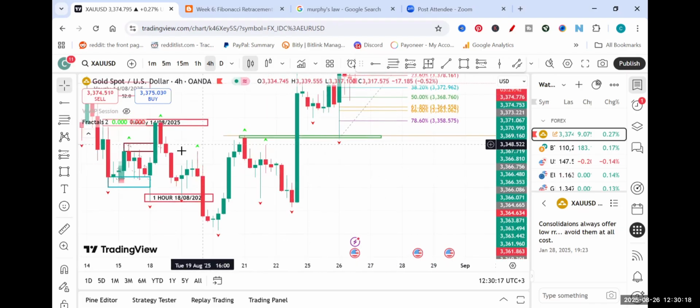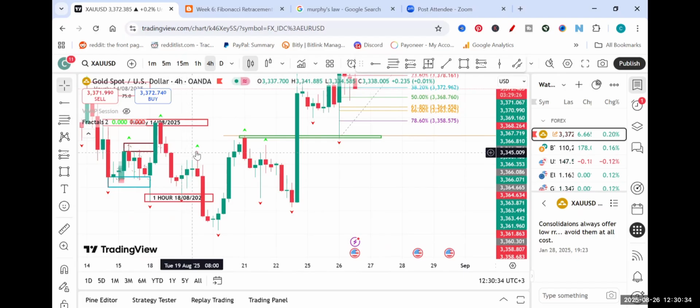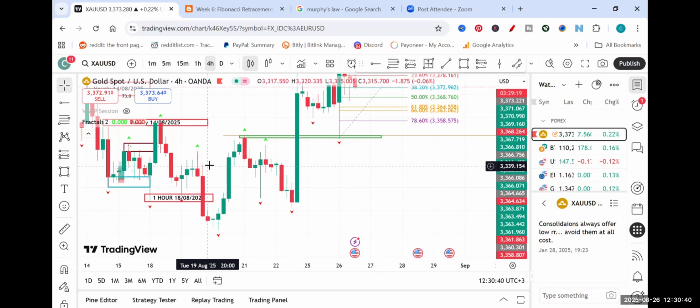You're right. Because the thing is, it needs to break this for it to be called an impulse. Remember what I told you last time? It has to break the previous high. In this aspect, we're not talking in market structure terms. We're just talking in terms of support, resistance, highs and lows.